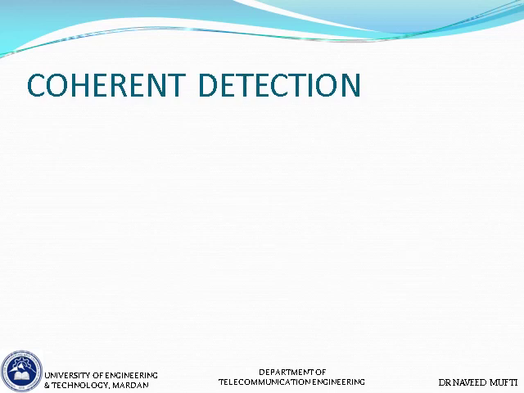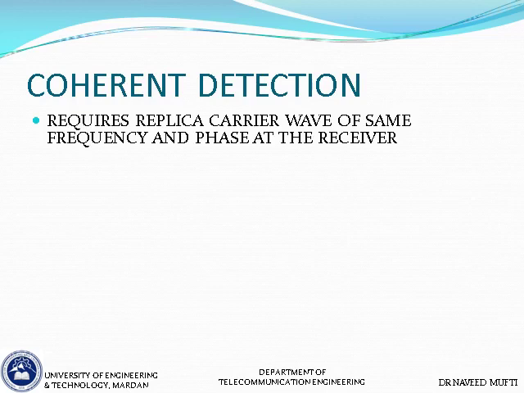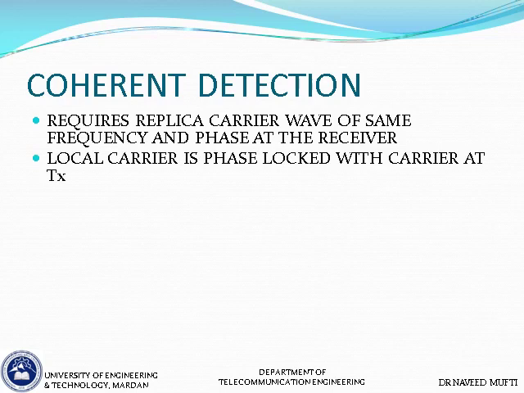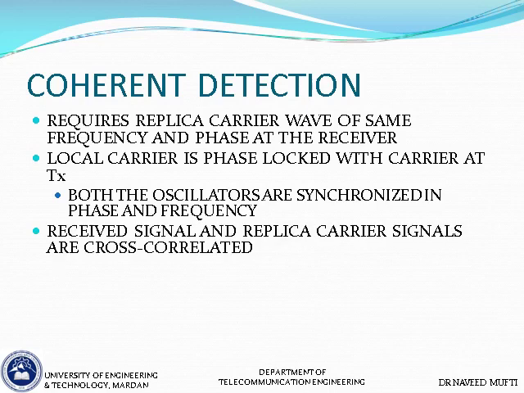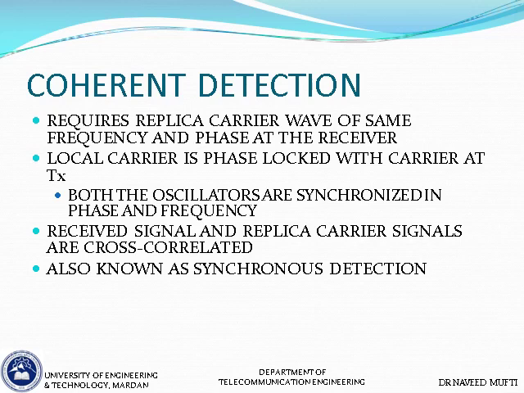Now coherent detection, as I've explained, requires a replica carrier wave of the same frequency and phase at the receiver as exists at the transmitter. That is a big challenge. We can say that the local carrier generated at the receiver has to be phase locked with the carrier at the transmitter. So both oscillators need to be synchronized in phase and frequency. The received signal and the replica carrier signal are cross correlated, and this is also known as synchronous detection.